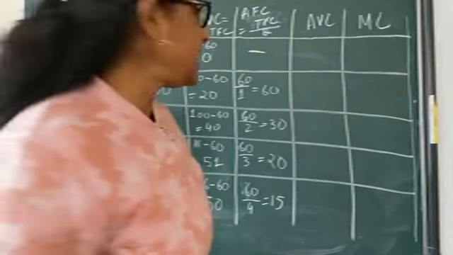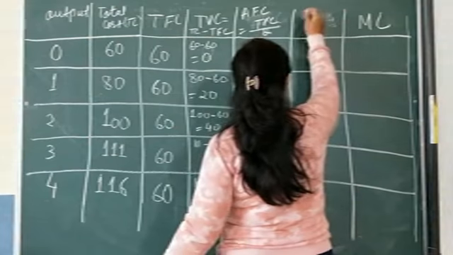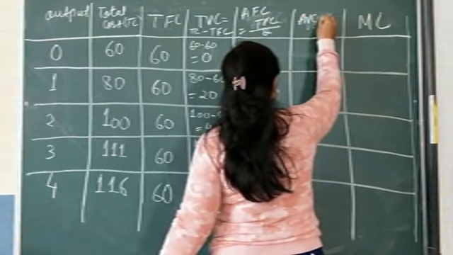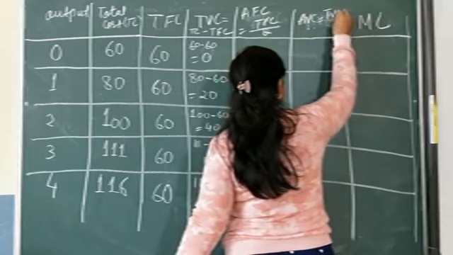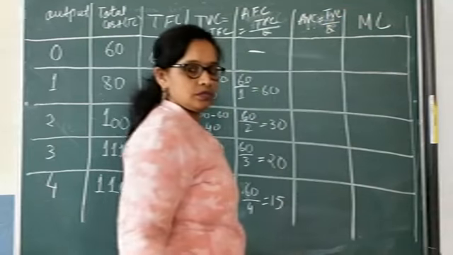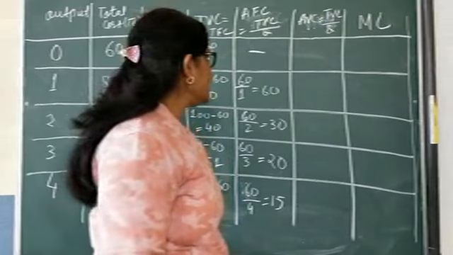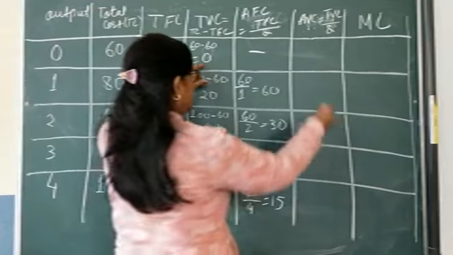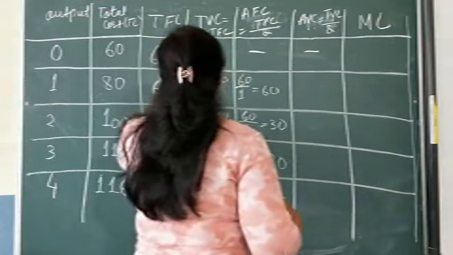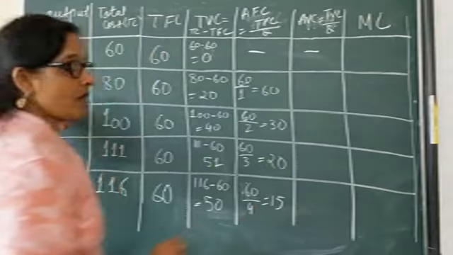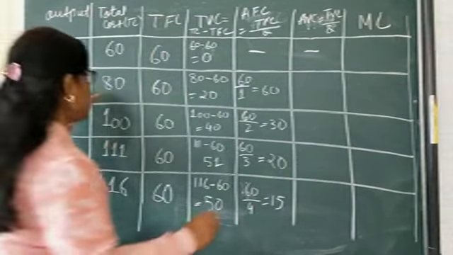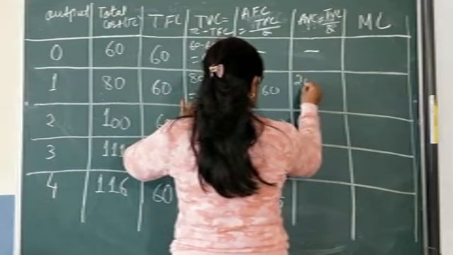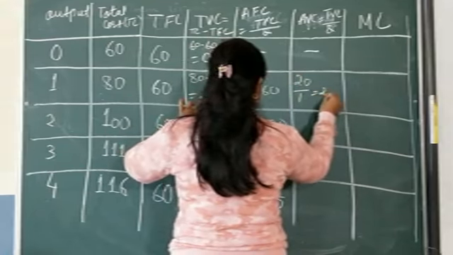Now we need to calculate AVC. What is the formula of AVC? TVC upon Q. Is it clear? Now the first one will be dash, the second, 20 upon 1, will give you 20.